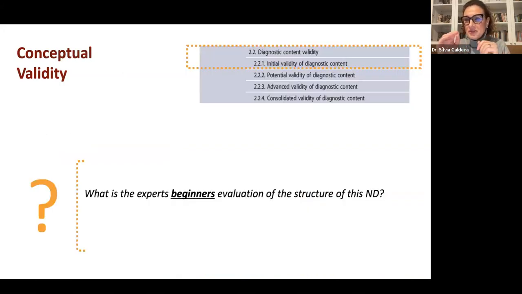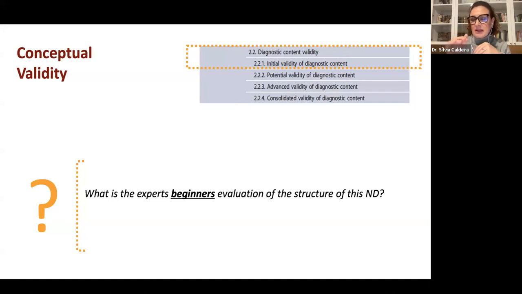When we move to the 2-2-1, the question as researchers is, what is the expert beginner's evaluation of the structure of the nursing diagnosis? It's interesting because the second block within this conceptual validity is not looking at the theoretical part, but now beginning to look at the expertise, at the experts, those that have the experience and the knowledge to help us fulfill and complete the nursing diagnosis.